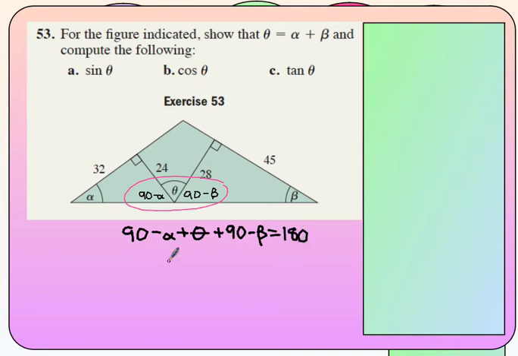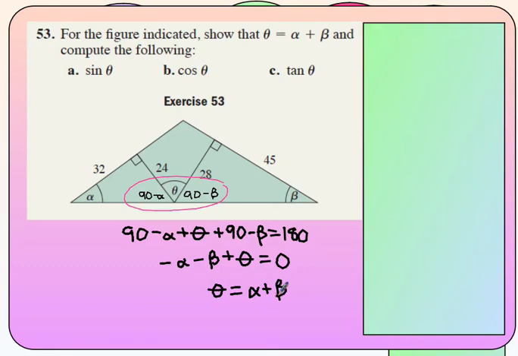Okay, so I see when I collect like terms, I've got 180 on both sides, so I can rewrite this as negative alpha minus beta plus theta equals 0 because I had 180 on both sides. We'll add the alpha and beta over, so we see that theta is going to equal alpha plus beta.